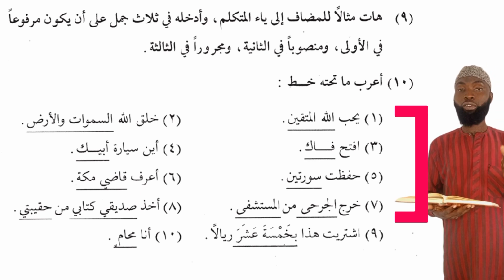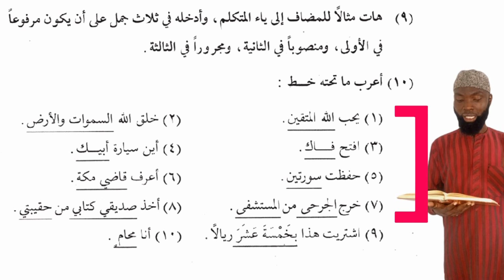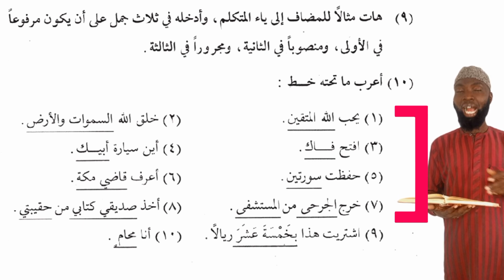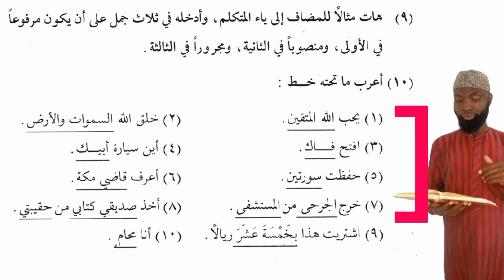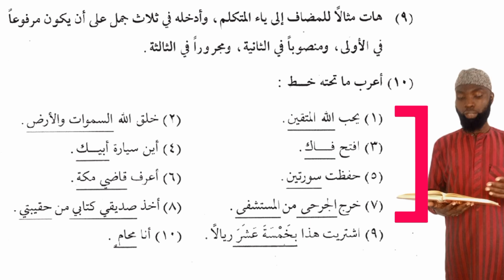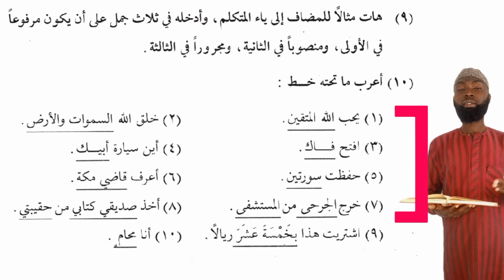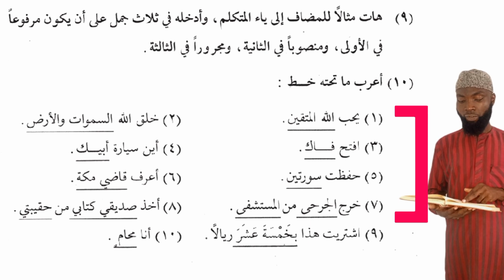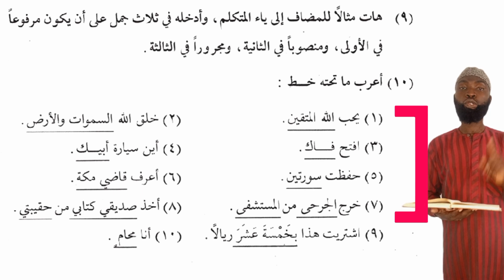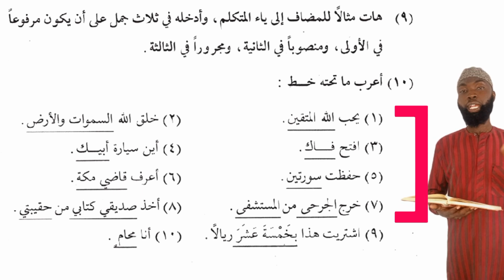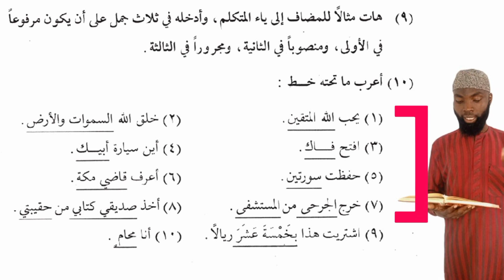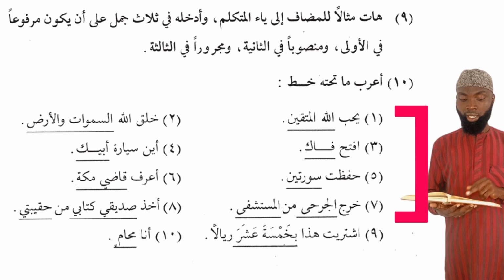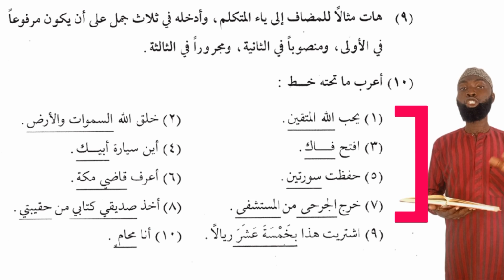You say, okay, faka, we have not finished it. Then the ka there, we know how to analyze it. Then the word abika, you say abi, that is mudaf ilayhi, majrur wa alamatu jarrihi al-ya. Then hafiz surataini, I memorized 2 surahs. Surataini maf'ulun bihi mansub wa alamatu nasbihi al-ya. Then a'rif qadiya Makkah, I know the judge of Makkah.